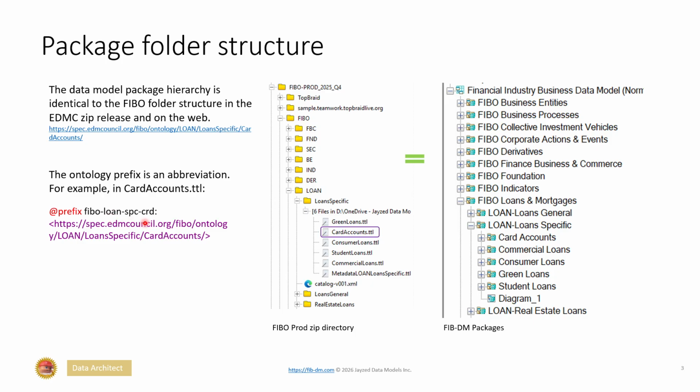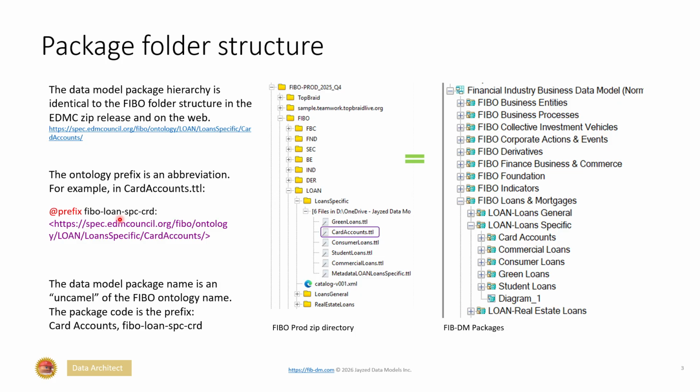And it's not shown here on the screenshot, but that is also the physical name for the data model package. And then the logical name is simply an uncamel. So we take the ontology name and uncamel, basically inserting the space here.